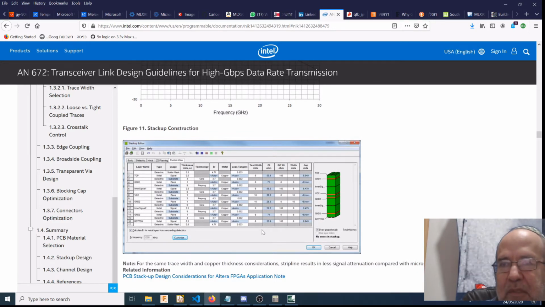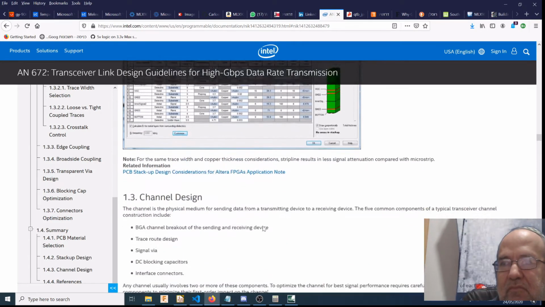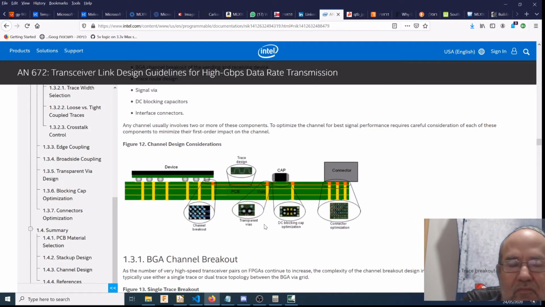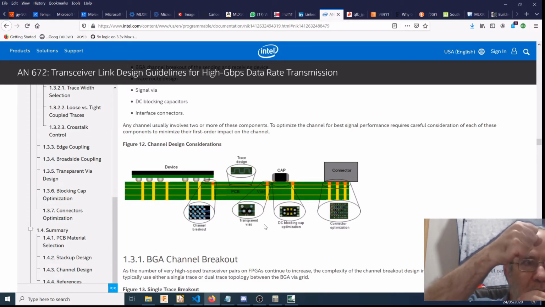Here is one stack up construction. At the moment, we're looking at a BGA device. The way they've drawn the BGA device is they've put a via. These are vias which would have a dog bone, which means you can have your ball.